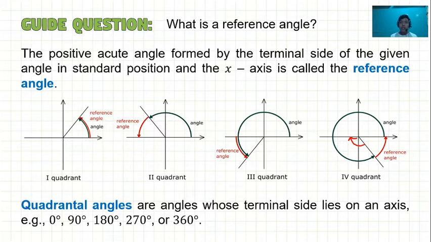Those are 0 degrees, 90 degrees, 180 degrees, 270 degrees, 360 degrees, and the coterminal angles of those angles. Or in radians, that is 0, pi over 2, pi, 3 pi over 2, 2 pi, and the coterminal angles of those angles. Those are what we call quadrantal angles.